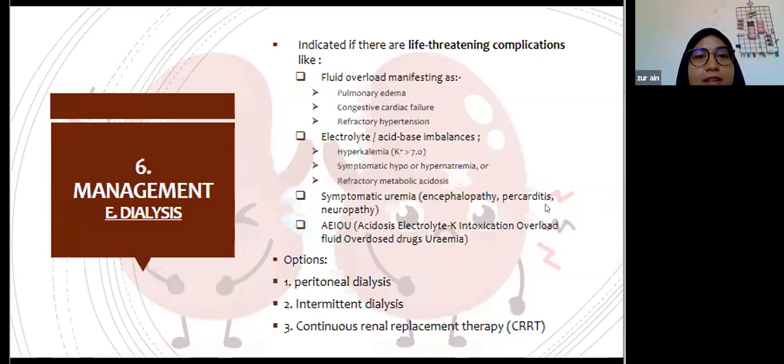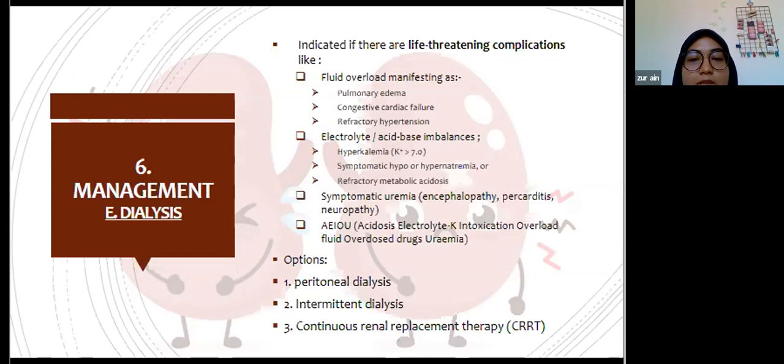Okay. Lastly, for dialysis, usually indicated only for life-threatening complications such as fluid overload, electrolyte imbalance, or symptomatic uremia. Basically, there is a mnemonic that we can use to easily remember the indications for dialysis, which is AEIOU: acidosis, electrolyte for hyperkalemia, intoxication or overload of fluid, overdose of drugs, as well as uremia.